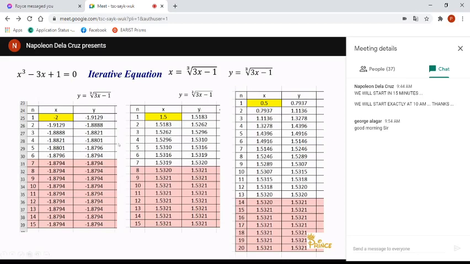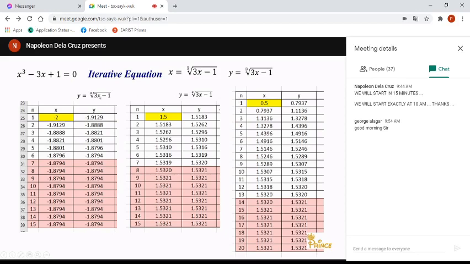Nag-a-iterate tayo. Balik tayo dito, negative 2, 0.5, 1.5. You substitute it here, you can solve for this.